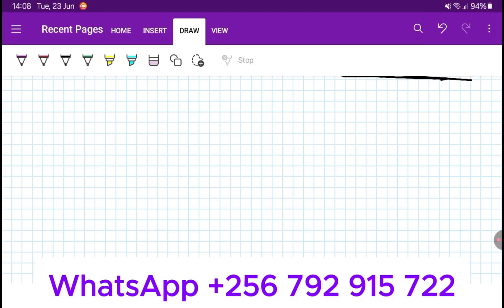So let me just draw. Let's assume that this is our graph paper, and I want to represent the other rule. You will see that at least this side, you are going to leave like 2 centimeters for you to be able to write the figures. This side I can leave 2 centimeters like that. Let me assume those are the 2 centimeters.